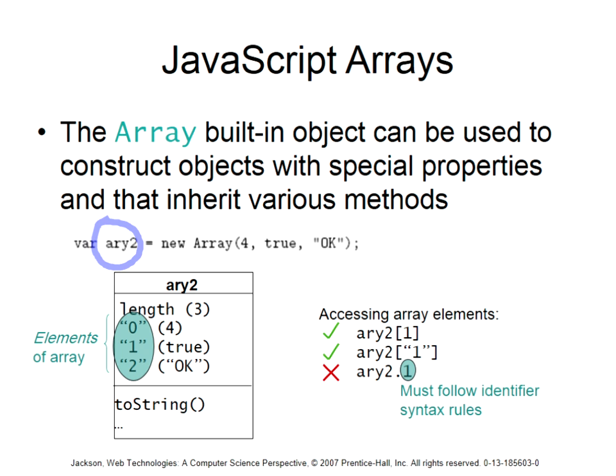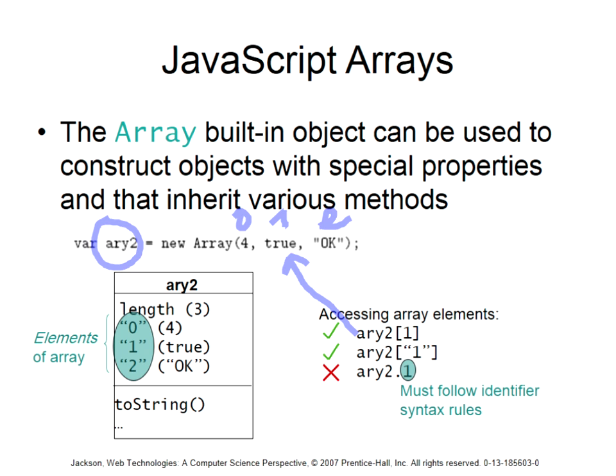Okay, so if I write array2[1], what is the value? Not 1, array2[1] is true. Very good, true, because here we have the indices 0, 1, 2.